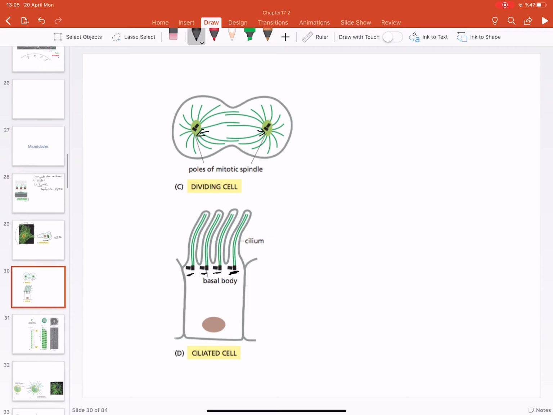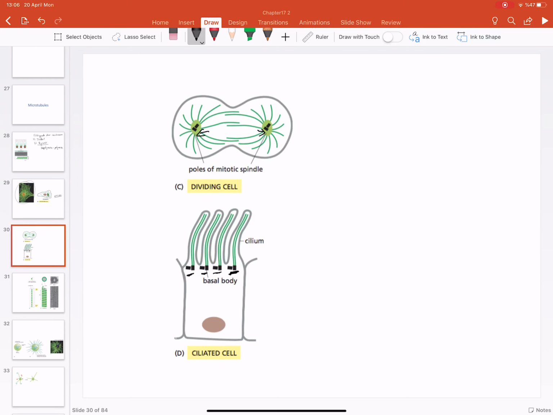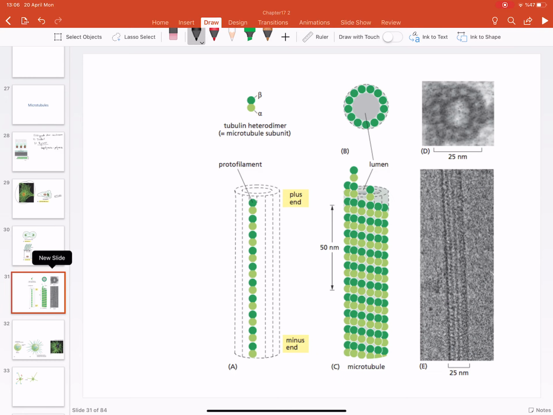So unlike what you have learned in high school, that a cell has only one centrosome, we're going to say that a cell can have several microtubule organizing centers, 2 if it is dividing, and many more if it is having cilia or flagella. Of course, we are still not sure about the importance of the microtubule organizing center or the centrosome, because plant cells are doing perfectly okay without them, so we are not sure what's really happening.